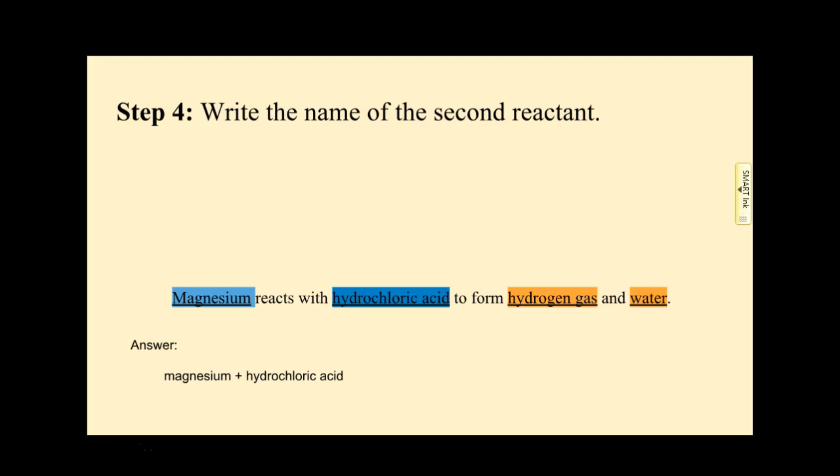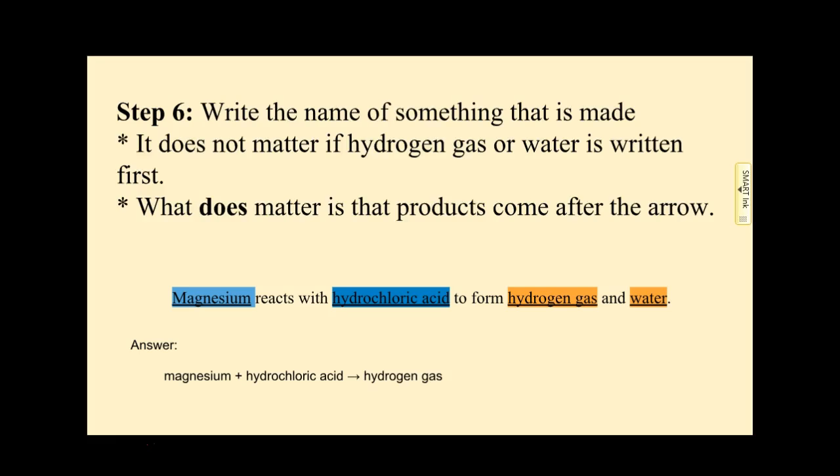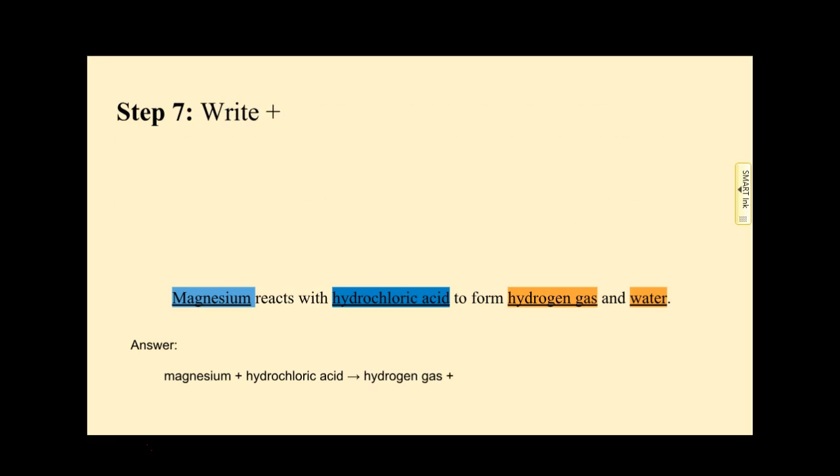Now honestly, it does not matter if you put hydrochloric acid first, then plus magnesium. What matters is that both of them are reactants and they're on the left-hand side of the chemical equation. Then we need to show a change and our 2 substances on the right-hand side. So this is what you're going to be doing today.